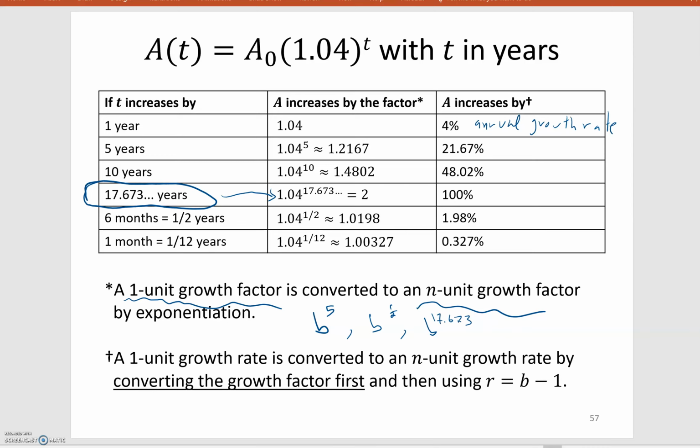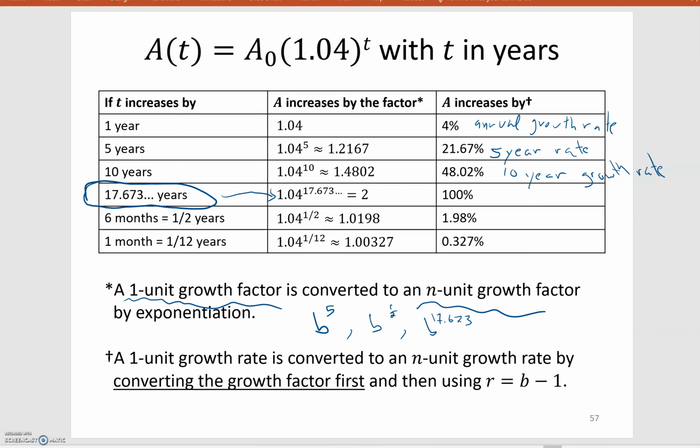Well, this is this value 1.2167, and then we subtract 1 from this and multiply it by 100, and then we have our 5-year growth rate. This would be our 10-year growth rate. Etc.